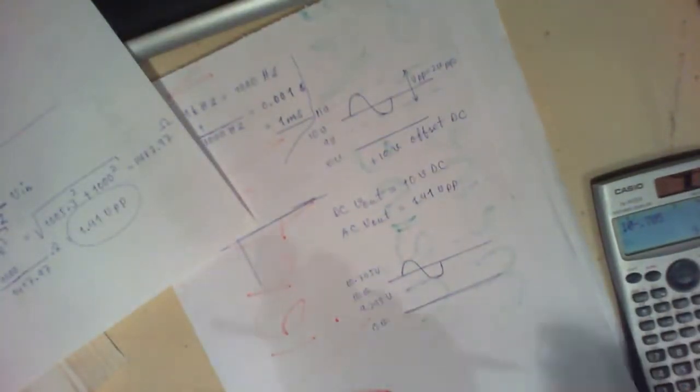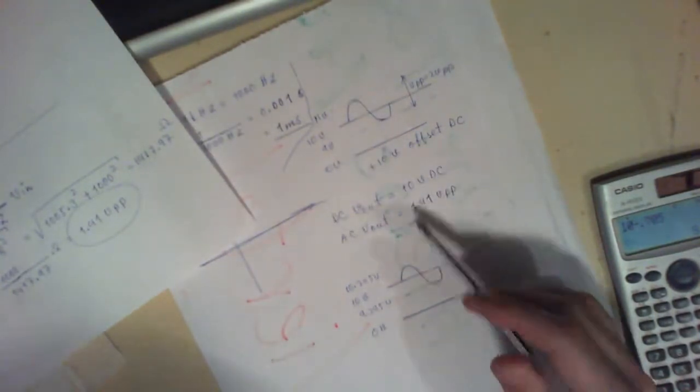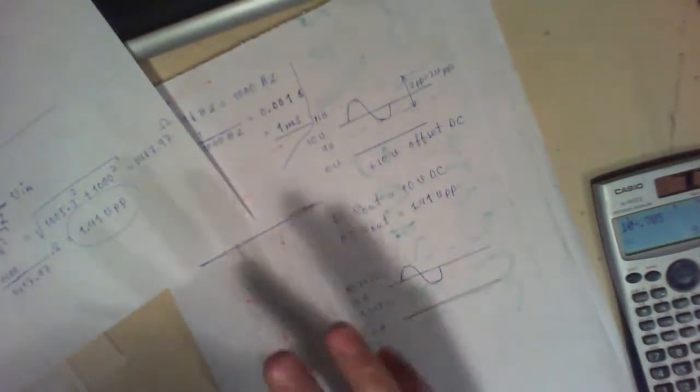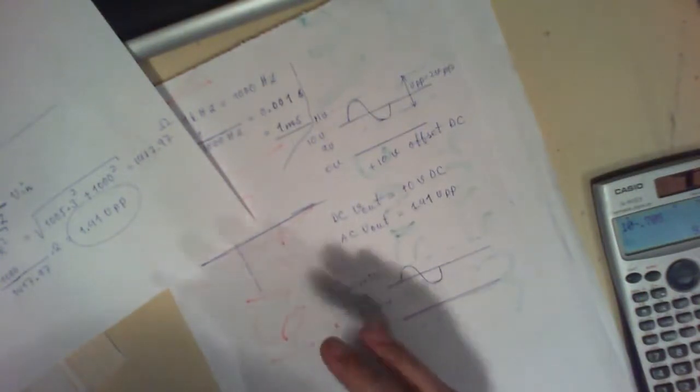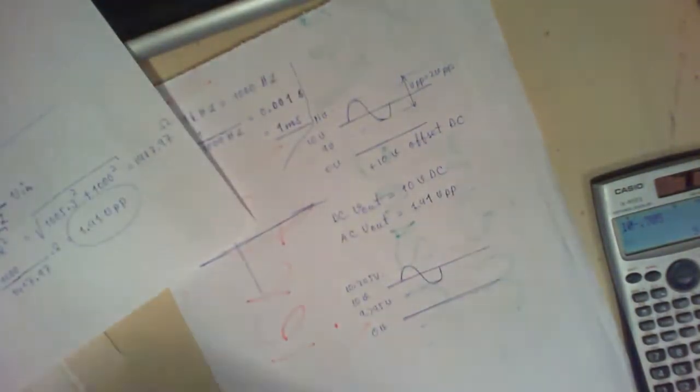Now what happens here is that there's going to be some phase shift depending on the type of circuit that you have, and there are basically these two types of RL circuits.